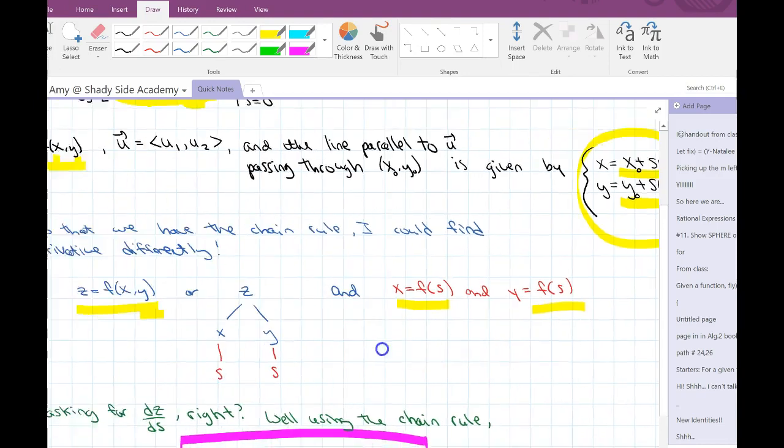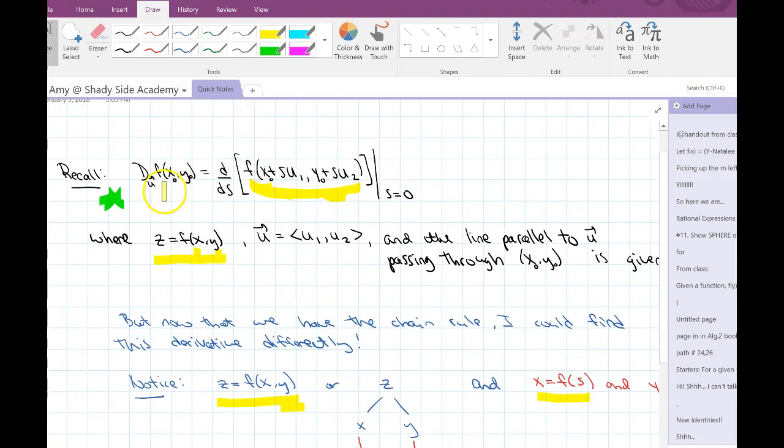And up here, when we took this derivative, at the end of the day, d by ds of this is just dz by ds at s equals 0, because this here is s, and I'm finding dz by ds at s equals 0.